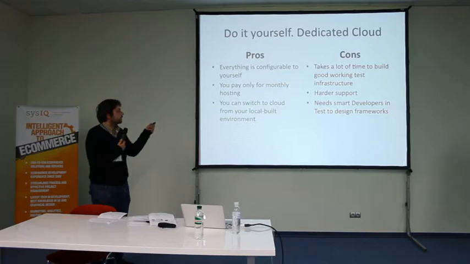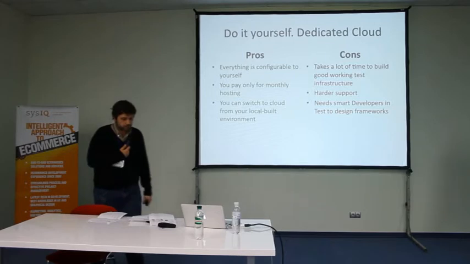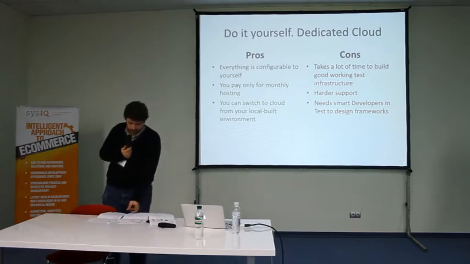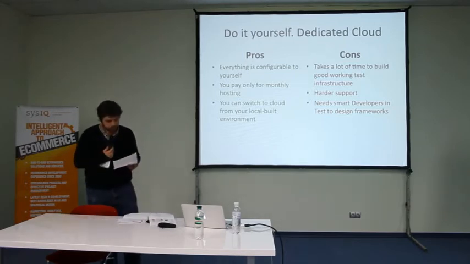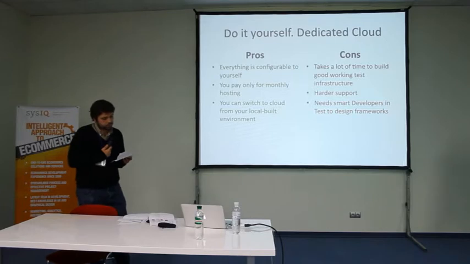What's bad is that it's hard to support. It needs engineers, and it also takes a lot of time to build a good infrastructure. For example, Rackspace cloud servers provide an 80 gigabyte disk, 2 gigabytes of RAM server, just for $87 per month.